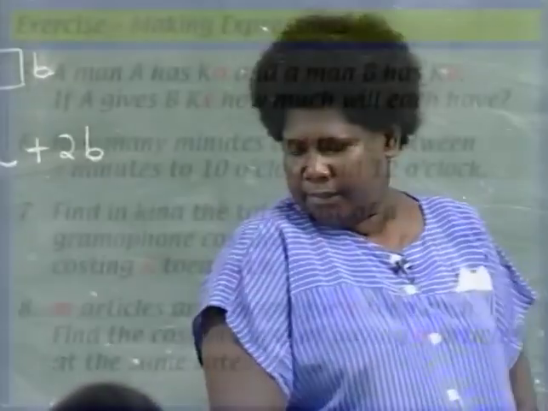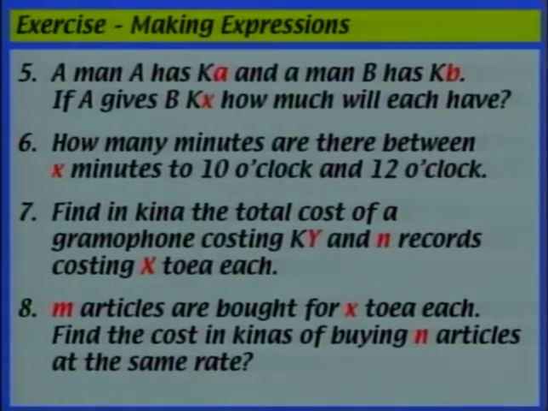Number 8. M articles are bought for X toya each. Find the cost in Kina of buying N articles at the same rate. Let me just replace the letters with some numbers.